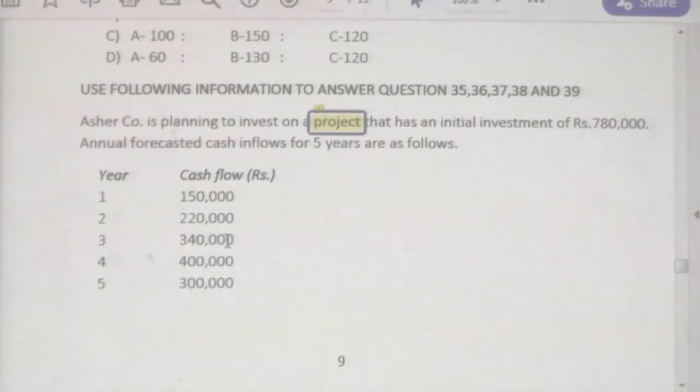Sometimes the examiner will give you the accounting profit. In such a case, there is no need to deduct depreciation again since they have given the accounting profit. But to calculate present value or discounted values, you need to add back the depreciation to the accounting profit, because when you are discounting cash flows, you are not deducting depreciation, right?